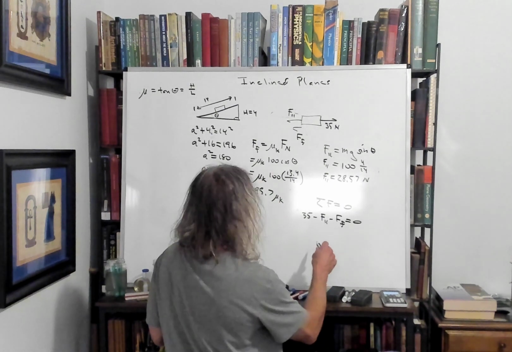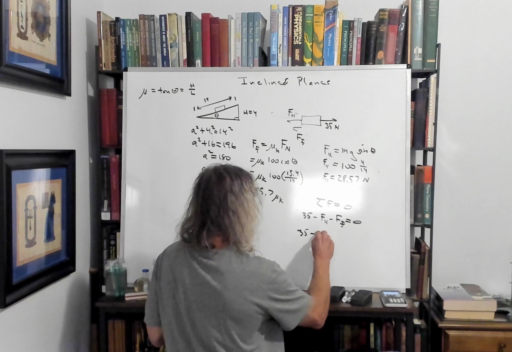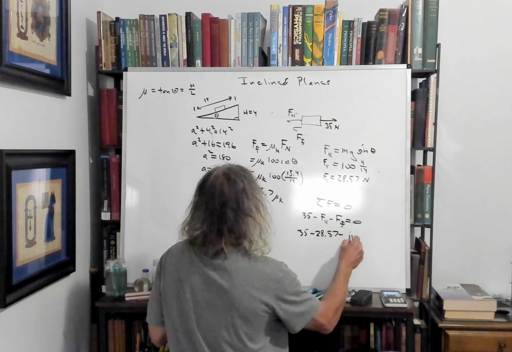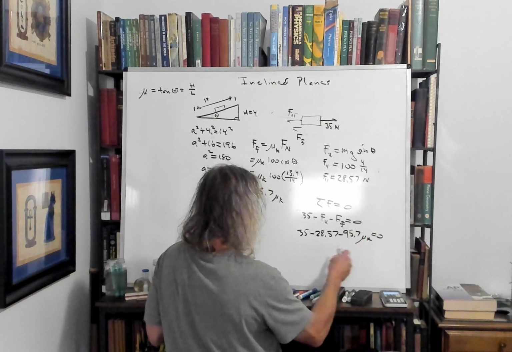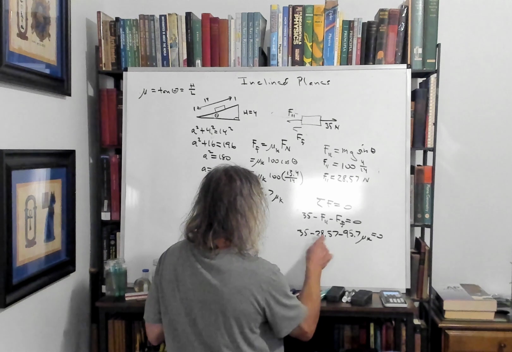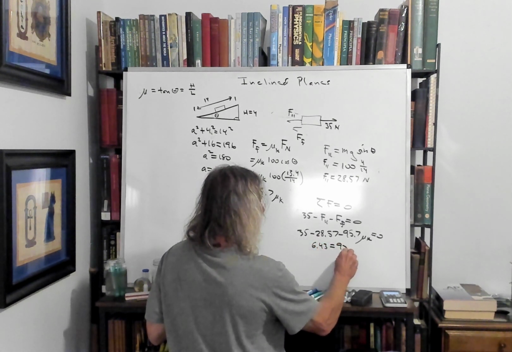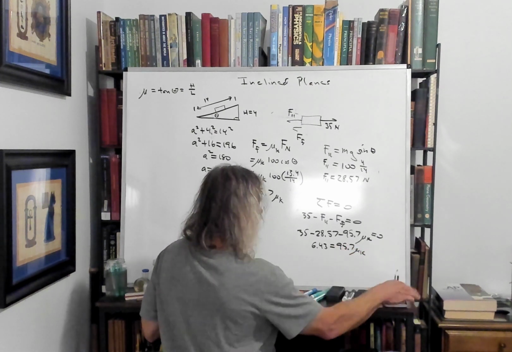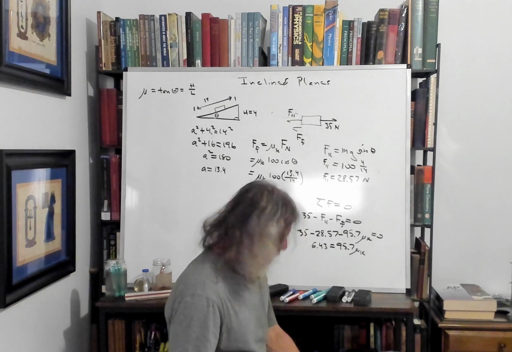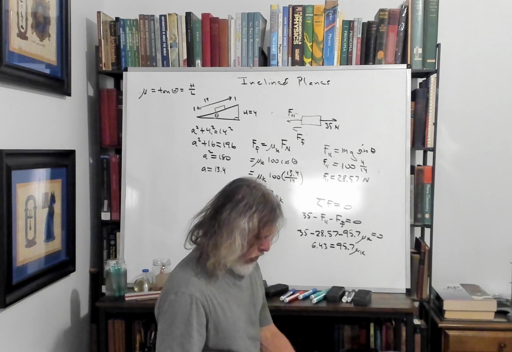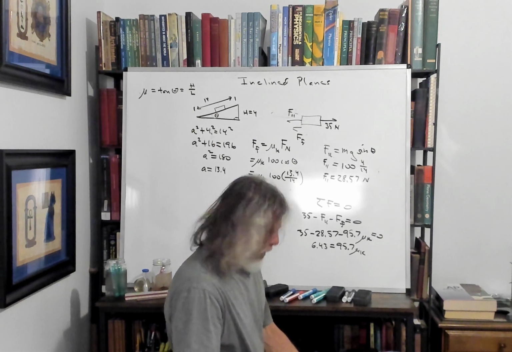So 35 minus 28.57 minus 95.7 mu sub k is 0. Move this over, subtract: 6.43 equals 95.7 mu sub k. 6.43 divided by 95.7 is about 0.067.